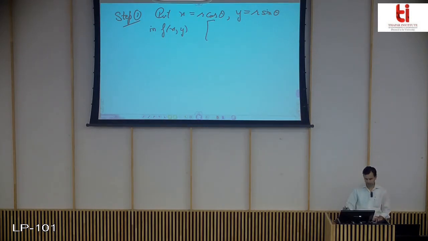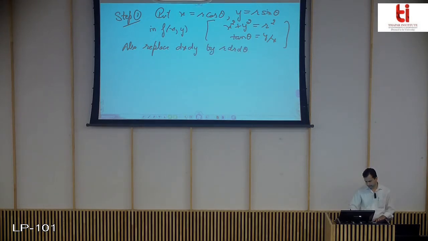You know this very well, that while changing Cartesian to polar we always do like this, and tan theta is y upon x. And also replace dx dy or dy dx by r dr d theta. So this is the first thing you have to do.